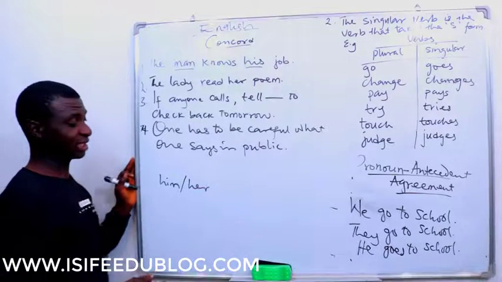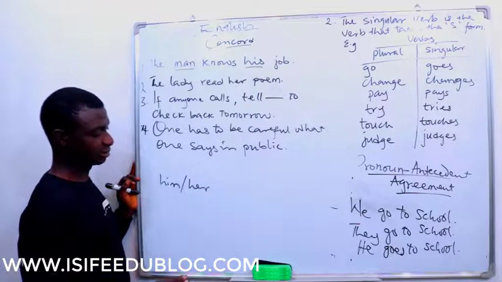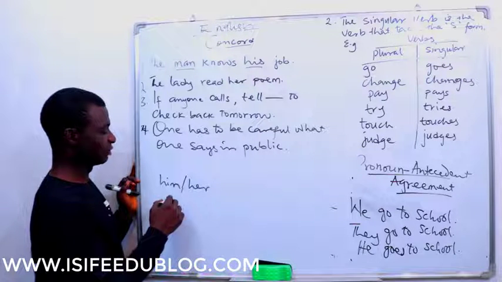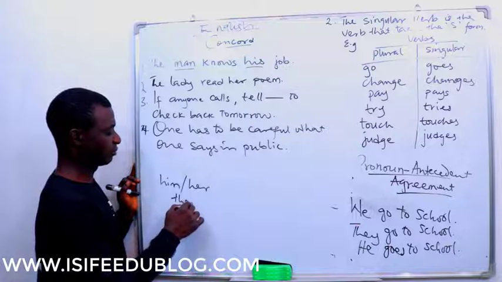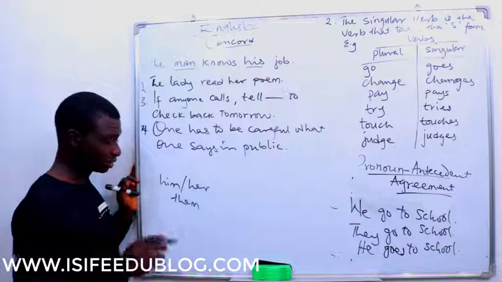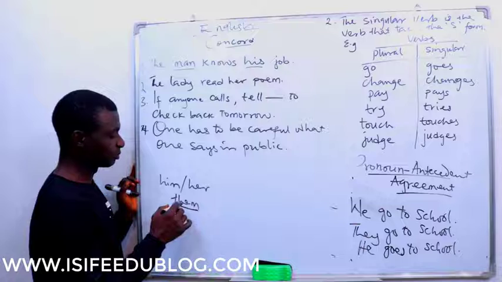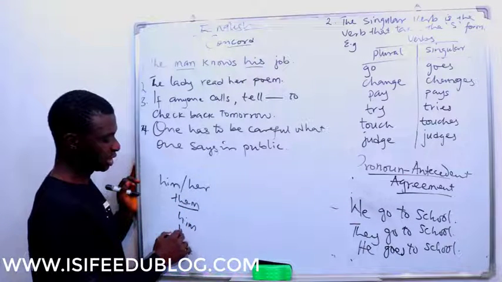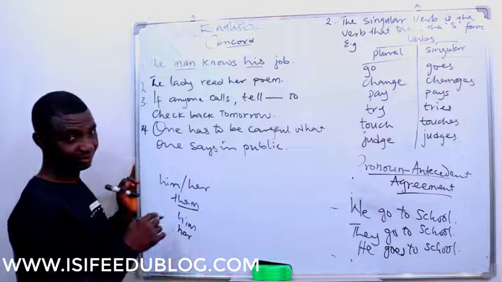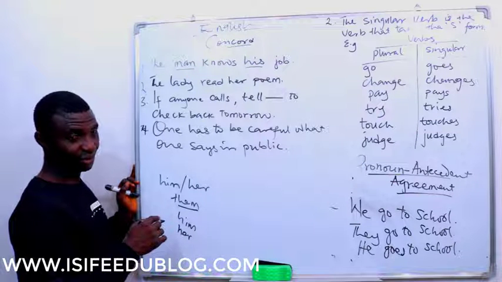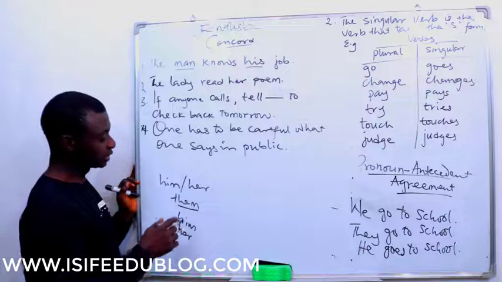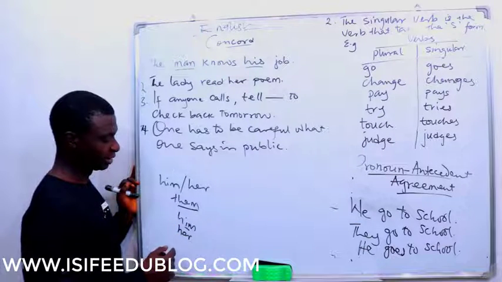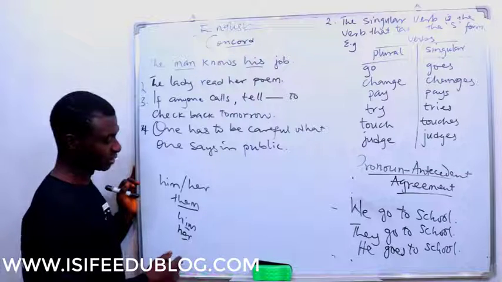But grammarians consider this boring. So, to solve this problem, they have used them. Them is actually a plural pronoun, the plural form of him or her is them. But since it is not gender sensitive, him is for the male, her is for the female.